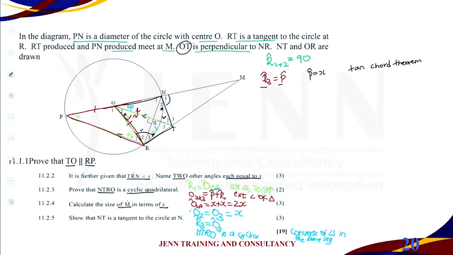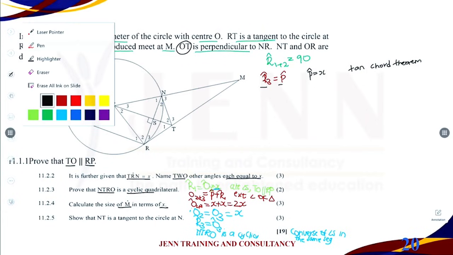So therefore, remember, you must check where M is. Let me first start by erasing my diagram so that we look at angle M in a clean diagram. You are supposed to calculate the size of angle M in terms of x.